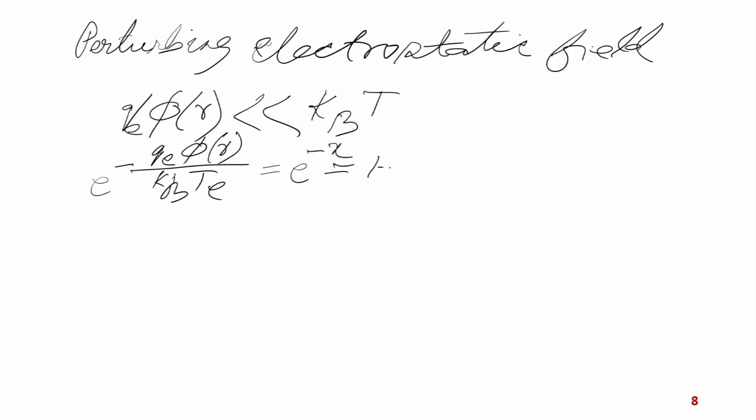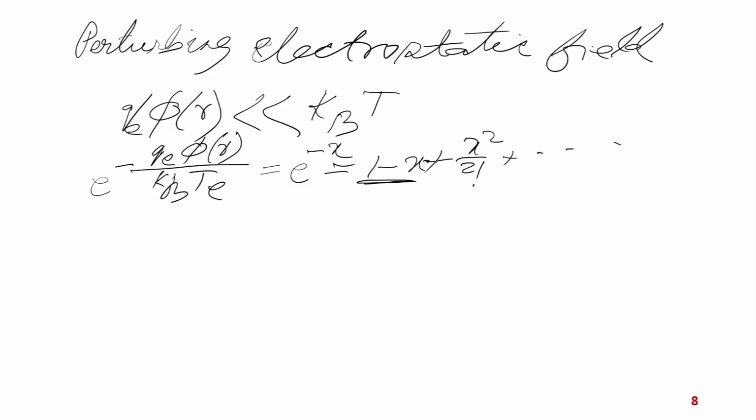So, I can expand it, and now this value has become very small. In that case, I can take only the first two terms, retaining only the first term, that is 1.